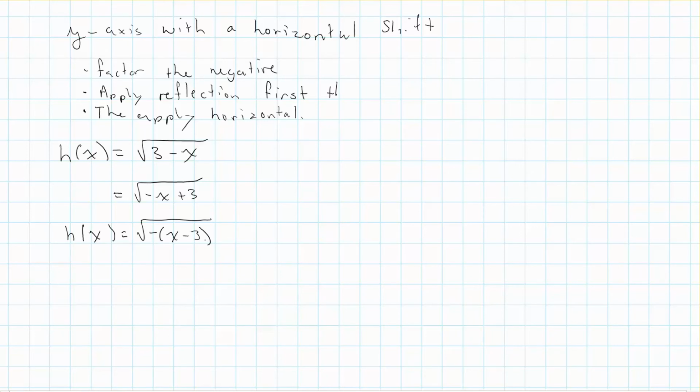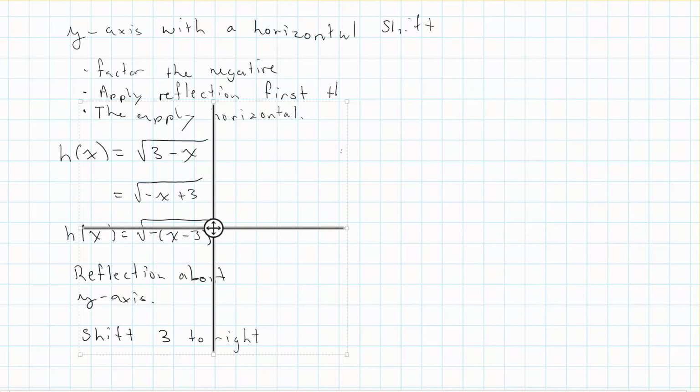So what we can see here is there's a reflection about y-axis, and then we have a shift 3 to the right.